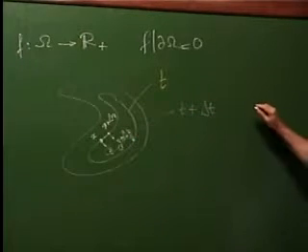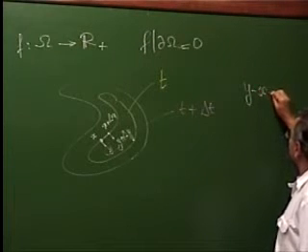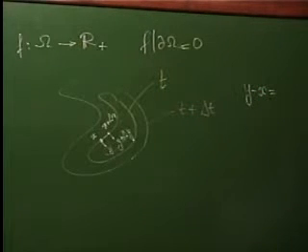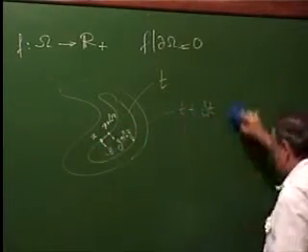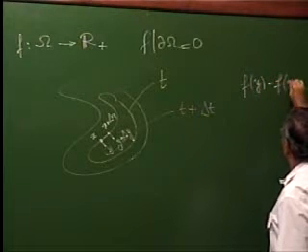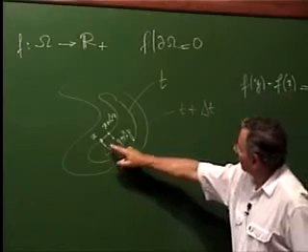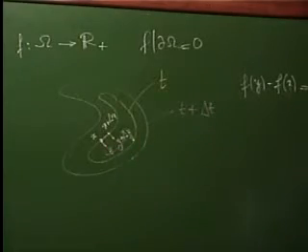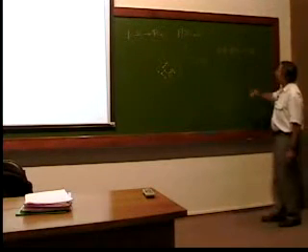So what you can write is the following: f of y minus f of x. Here y is on the level set t plus delta t, and x is on the level set t. So the difference is this.